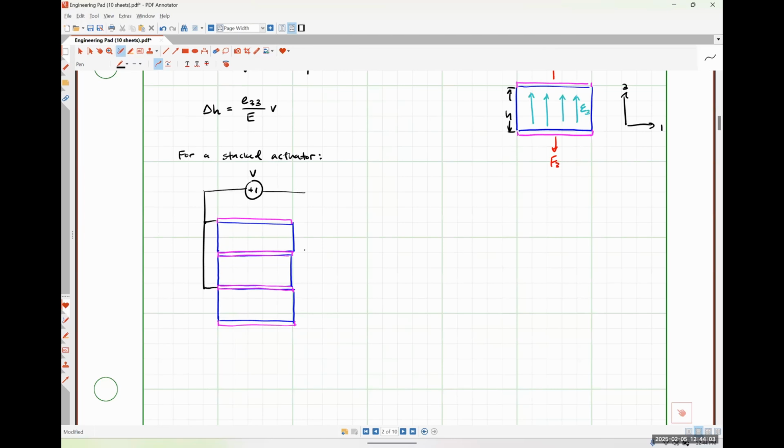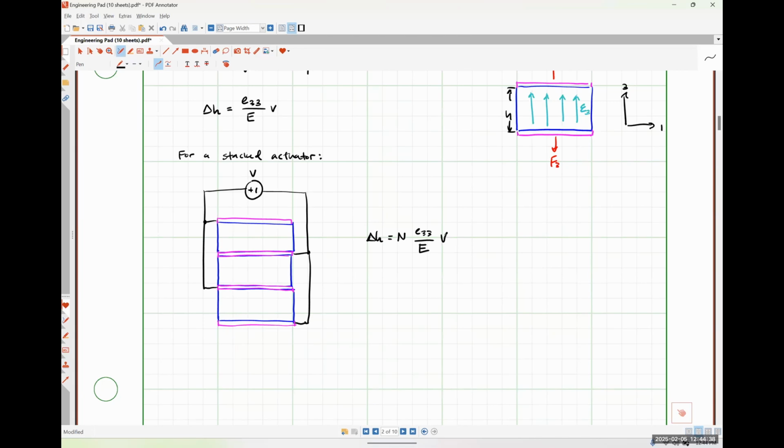And then I had this guy right here connected to the negative polarity, and this guy right here connected to the negative polarity. And I said that the change in height for this stacked actuator system is just N, which is the number of piezo elements, or the number of actuators, times E33 over Young's modulus times our applied voltage.